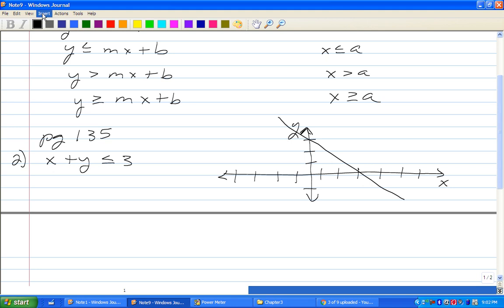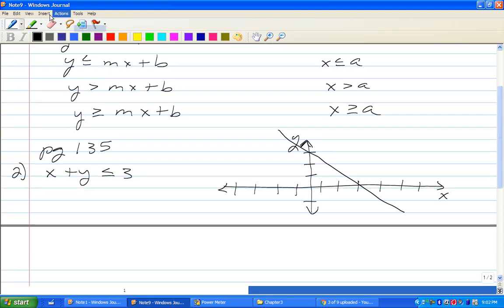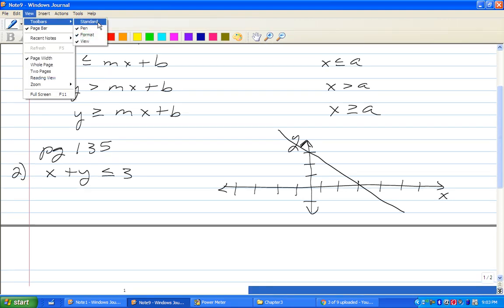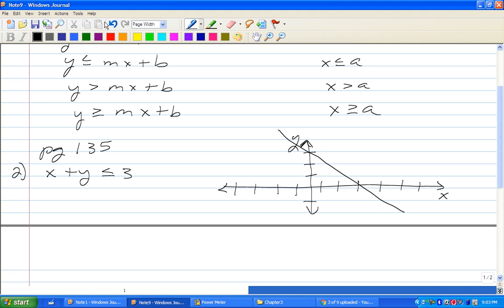So the first technique that I'm going to show you is just to check to see which side of this inequality gives us a true statement. So I can pick any point in the plane that is not on the boundary line. So let's pick any point except for any points along this line. So let's check at the origin.